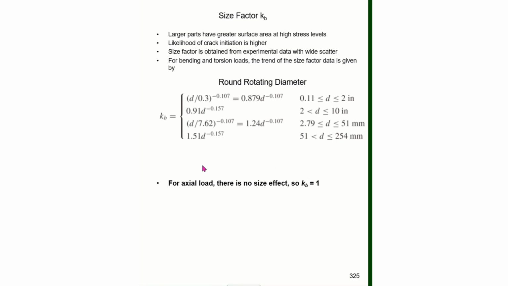Make sure you don't forget that, because you could be given a complicated system where it would be a challenge to compute KB, but then if your loads are all axial, there is no size effect, and KB is simply equal to 1. KB is one of the harder ones to compute. Make sure that you review these slides and get any questions you have with computing KB answered.